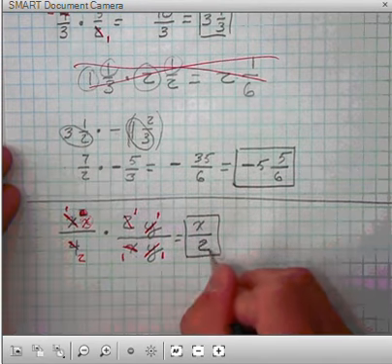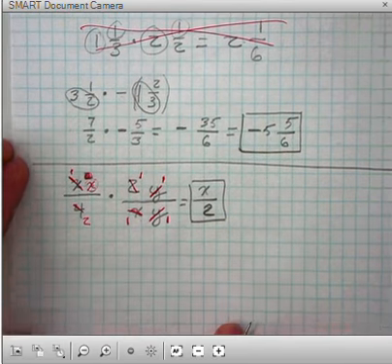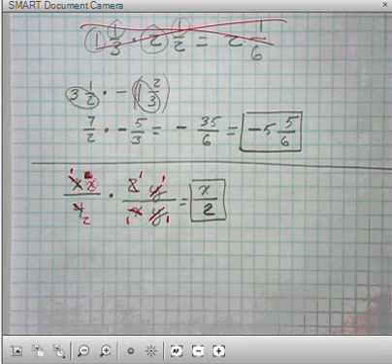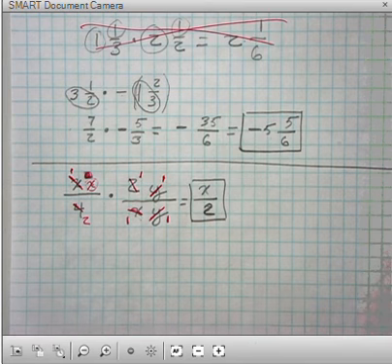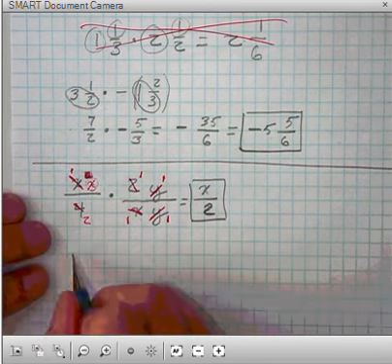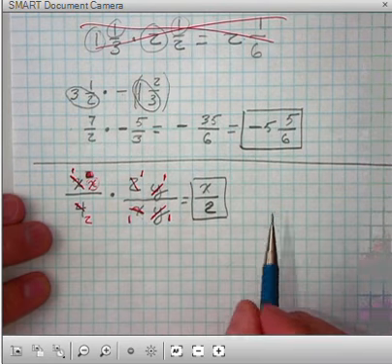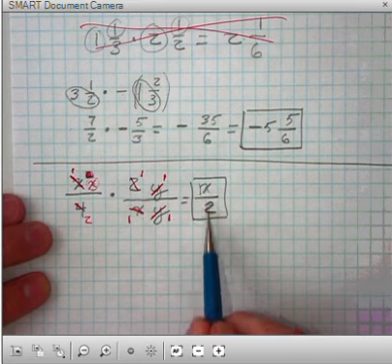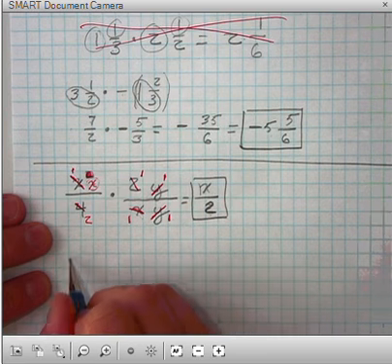My 2 kind of looks like a z, but it's a 2. 1x and x are the same. 1x over 2, so it would be like 1/2 x. It's x divided by 2.